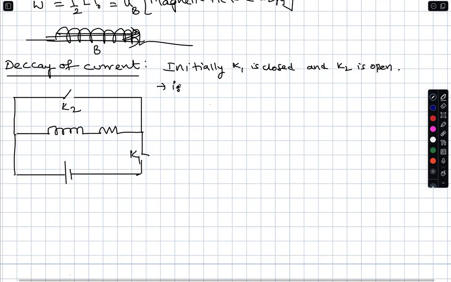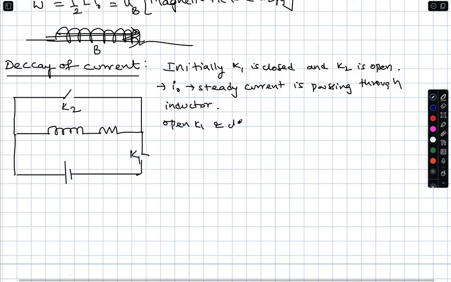And I naught steady current is passing through the inductor. What is your problem? My problem is, all of a sudden open K1 and close K2. Now what happens?